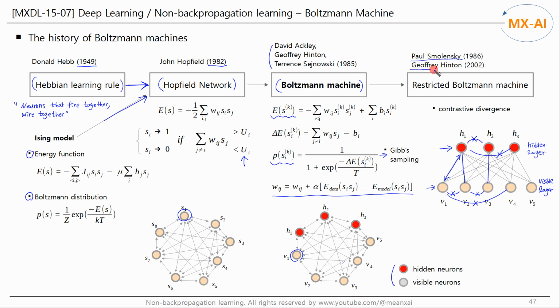And in 2002, Geoffrey Hinton introduced contrastive divergence to speed up the learning of RBMs. This greatly improved the problems of the Boltzmann machine and finally made it possible to train RBMs on high-dimensional data. In this video, we'll look at the Boltzmann machine, and in the next video, we'll look at the restricted Boltzmann machine.